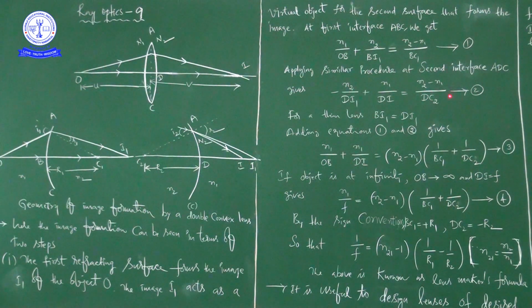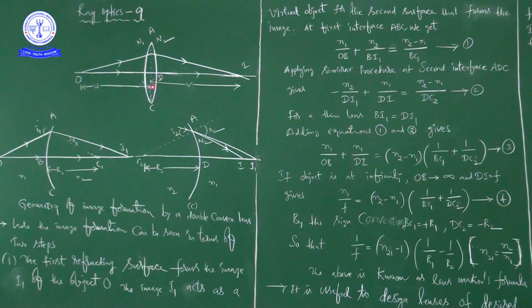It is equation number 2. It is the mathematical relation we get when we apply the image formation relation to the first curved surface, and this is the relation we get for the second surface.